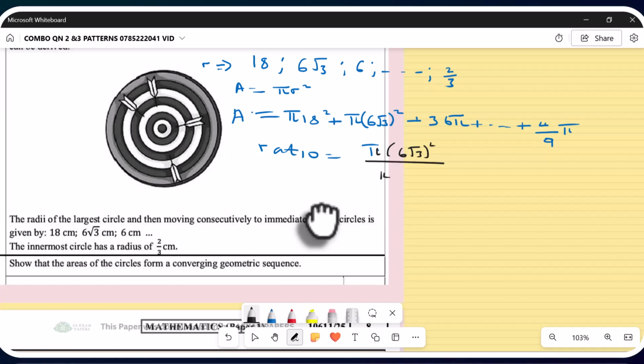Because it is geometric, Tn equals a multiplied by the common ratio to the power n minus 1. Then I equate it to the last radius, which is 2 over 3. What's our first term here?